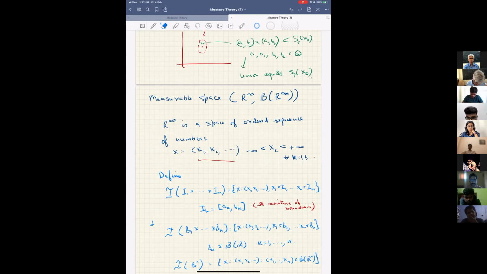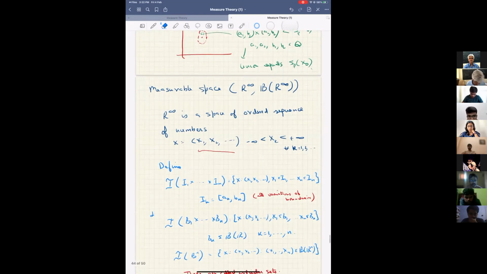Okay, so what do we do now? Again, we'll look at rectangles. We'll define these cylinder sets. Take intervals I1 through IN; the product of intervals I1 through IN is just the idea of a rectangle. So the cylinder set is all x where the first n elements are constrained to be in these rectangles.